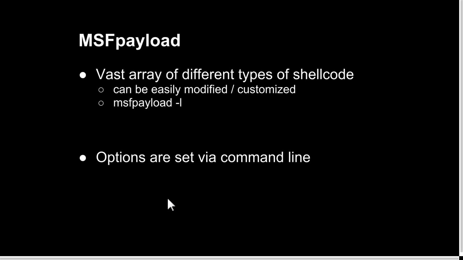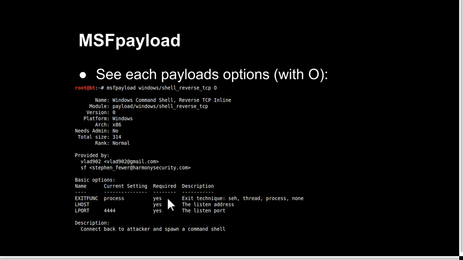It's very well documented, and MSF payload -l will list basically everything there is. And so when setting things up in MSF payload, the options for the payloads are set by command line. So to see the options for perhaps the payload for spawning a reverse TCP shell on Windows 32-bit, you would type that and capital O at the end.